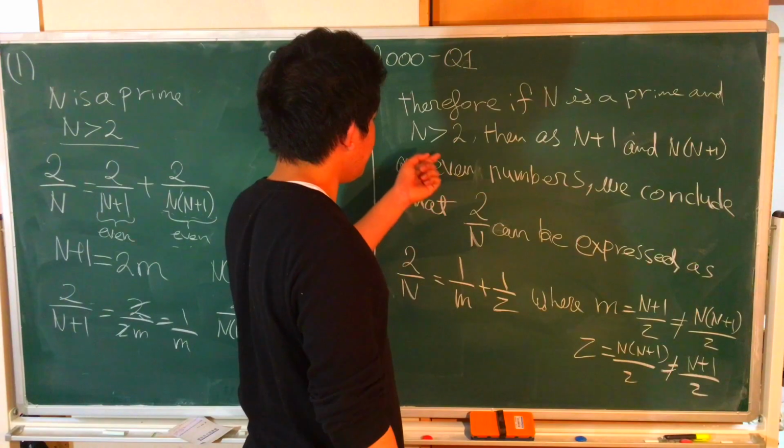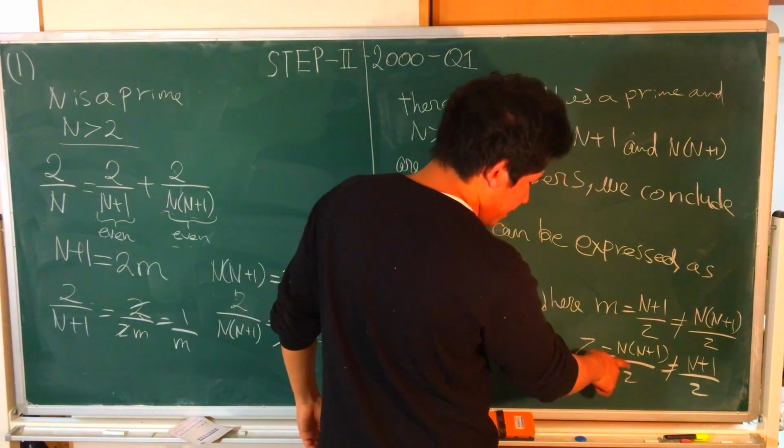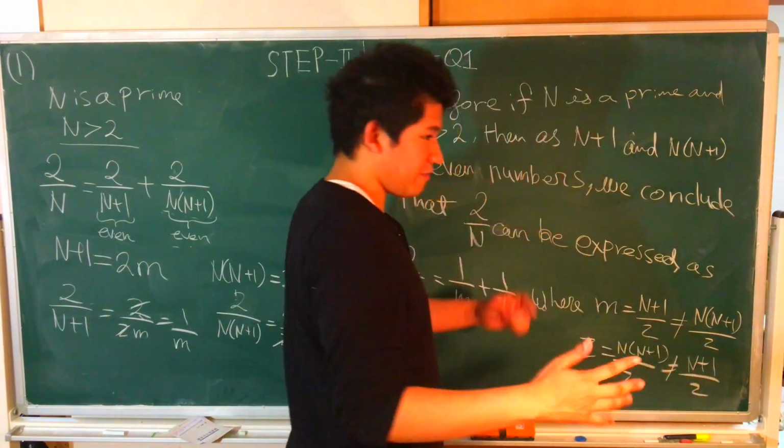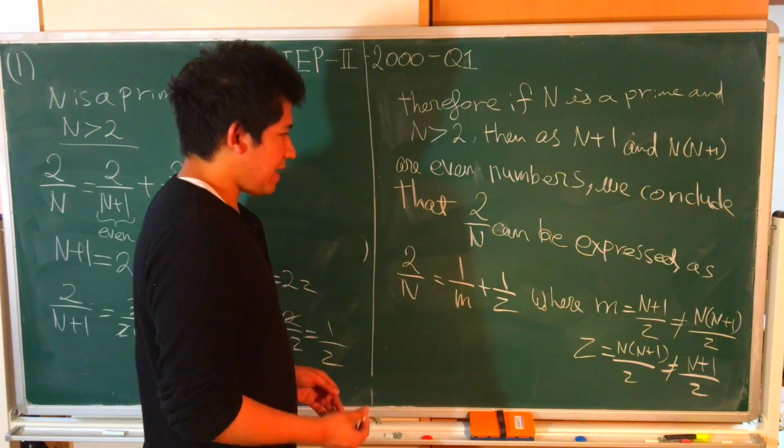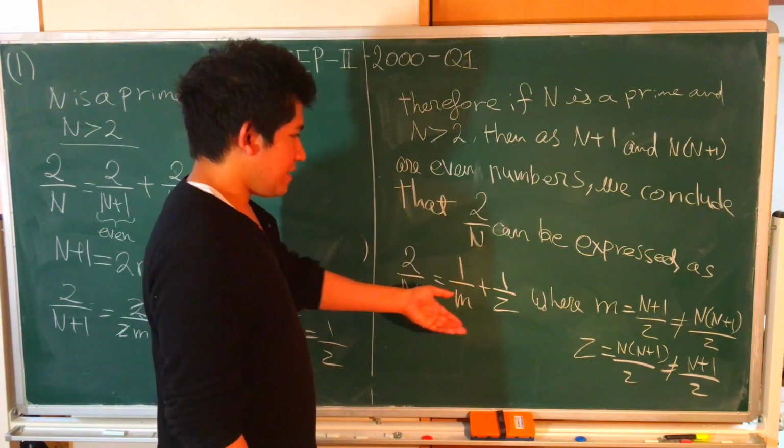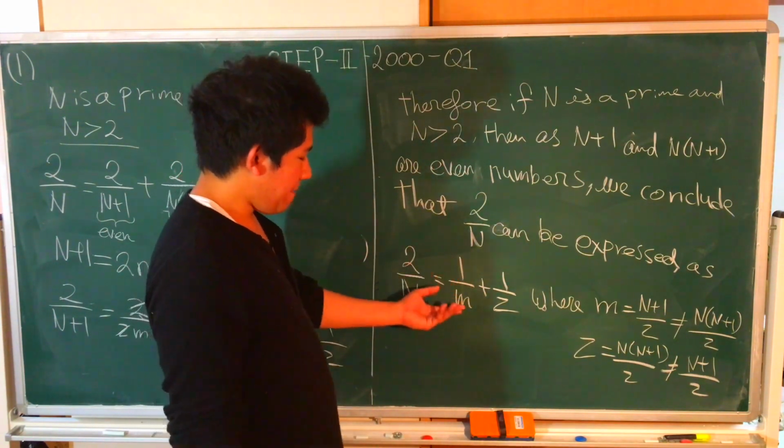So for any n larger than 2, n times n plus 1 and n plus 1 will be two different numbers. So we conclude that 2 by n can be expressed as 1 by m plus 1 by z.